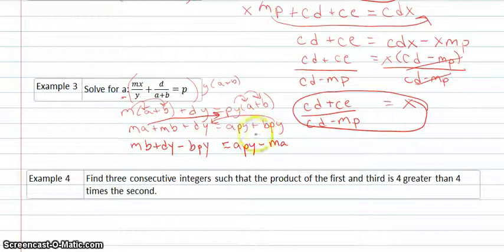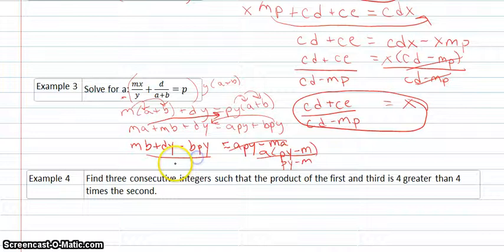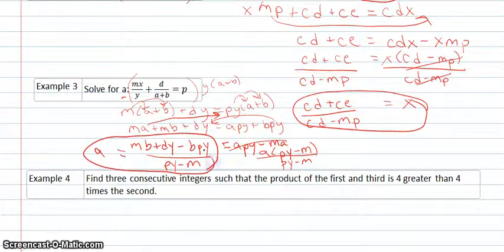Okay, so I'll factor the common factor out, so I'll have an a times py minus m, and that's what I need to divide by, that py minus m. And then that is what my a equals. Since I'm running out of room, I won't rewrite that again.